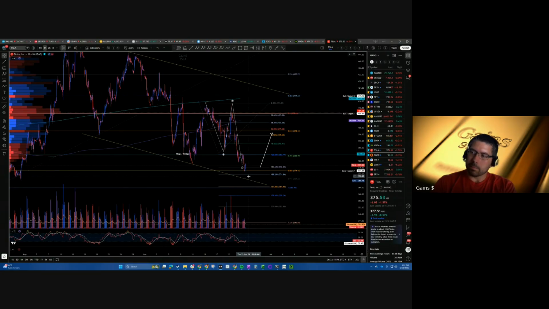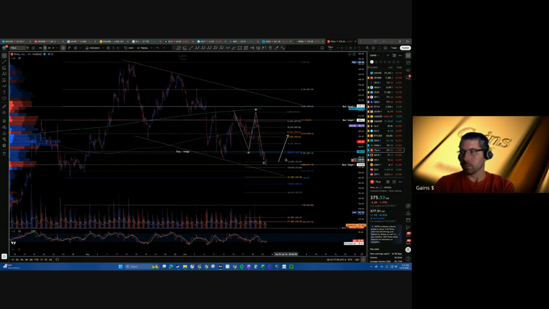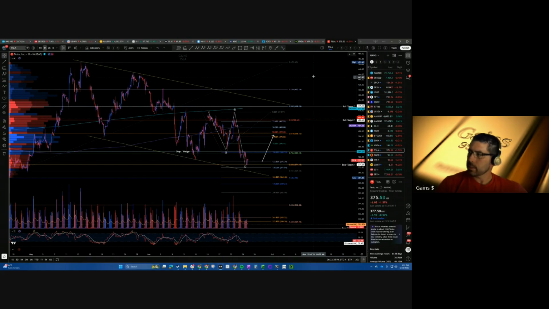I think it might go a little bit lower here, maybe like 370. But overall, I still think this is a longer term bullish structure. This C leg down here I think is playing out. Also, the volume is getting a little bit lower. Typically when you see the volume dry up here, that's when you should get ready for a pump. So that's kind of it.